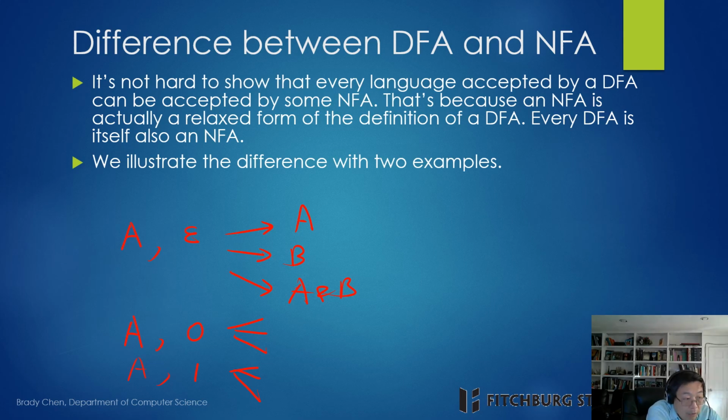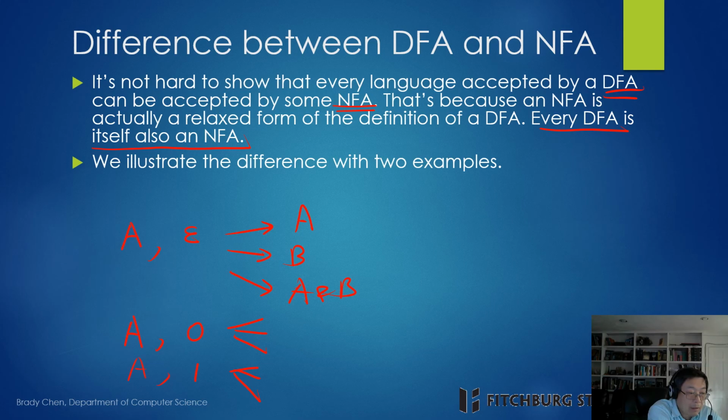Now, it's not hard to show that every language accepted by a DFA can be accepted by some NFA. That's because NFA is actually a kind of relaxed form of the definition of DFA. In other words, every DFA is itself also an NFA.